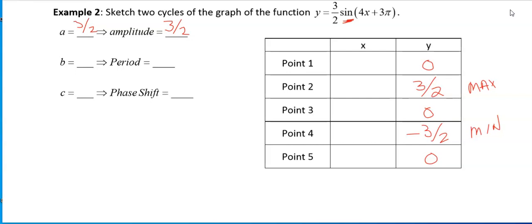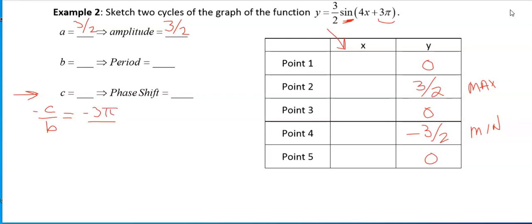All right. Now, I like to do this calculation x. I like to get my first x value out of the way, and that's my displacement or my phase shift. Now, remember the calculation for displacement is negative c over b. Whatever number I get back from this, that's going to go right in there, my first x value. So let me see. C is 3 pi right there. So I guess negative c is negative 3 pi. Big surprise.